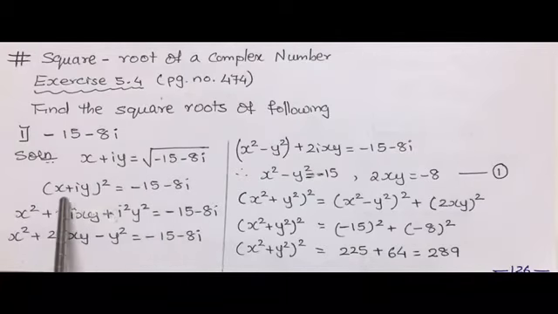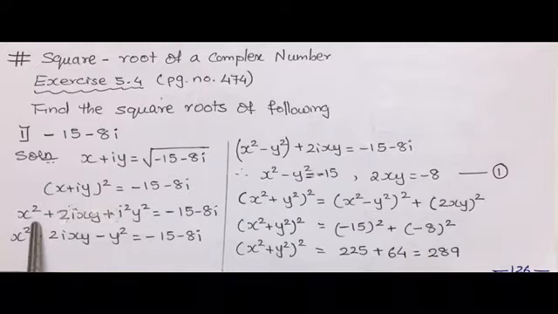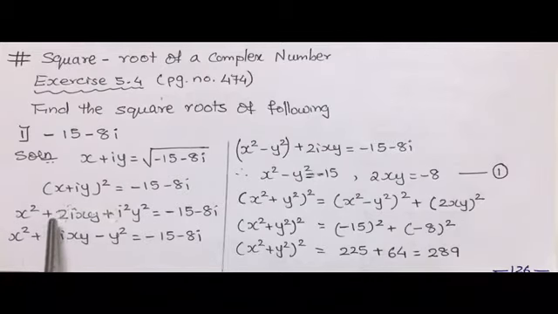Expanding by using the (a plus b) whole square formula, we get x square plus 2i xy plus i square y square equal to minus 15 minus 8i. i square value is minus 1, so it becomes x square plus 2i xy minus y square equal to minus 15 minus 8i.